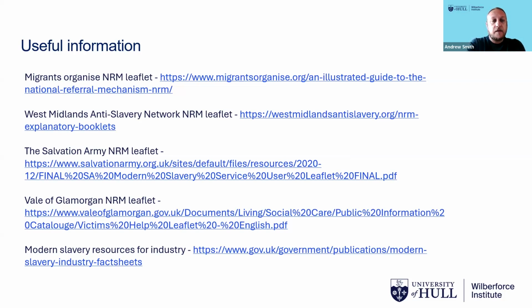I have to say the West Midlands Anti-Slavery Network, the second one down, is very, very good. It comes in multiple languages. I believe you can use it digitally as well as paper copy. And this is just a really good, handy piece of information that outlines what modern slavery is, what the dangers are, what people should look out for, but also what support is available.